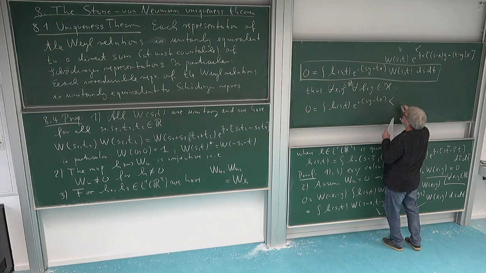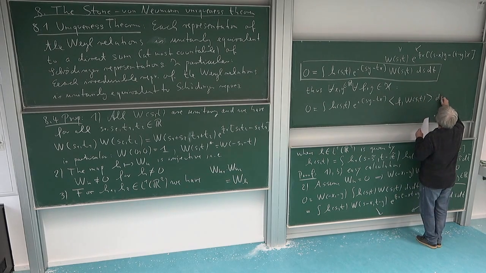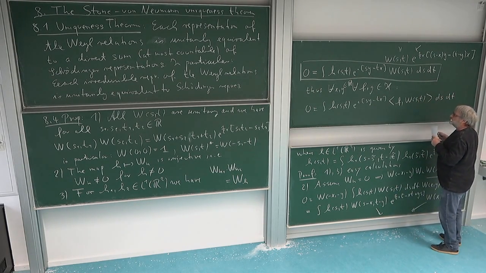So I'm taking here the inner product of f and w as t, and now ds dt. So this is equal to 0.